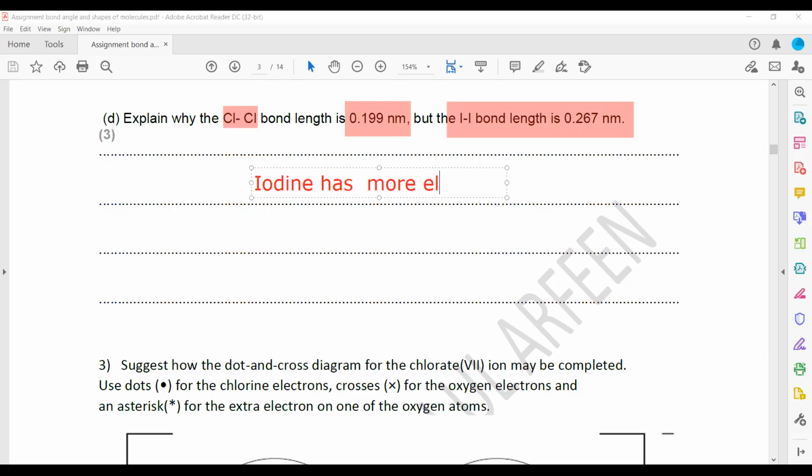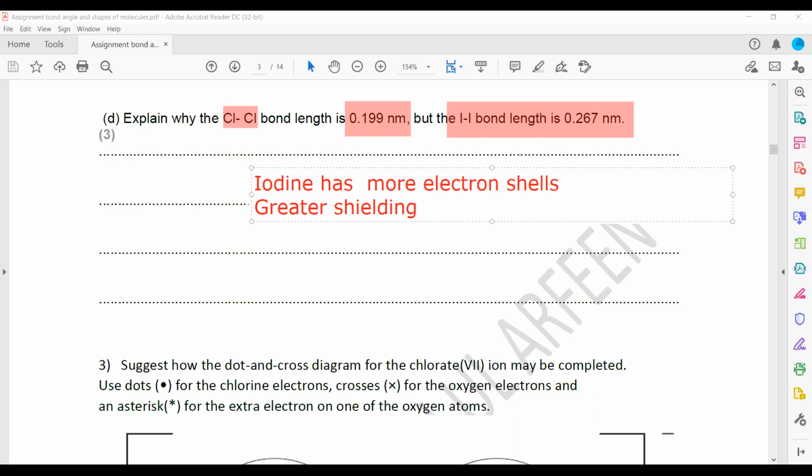more electron shells and a greater shielding effect.